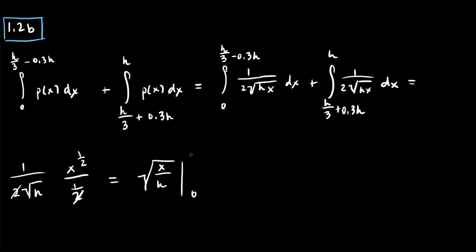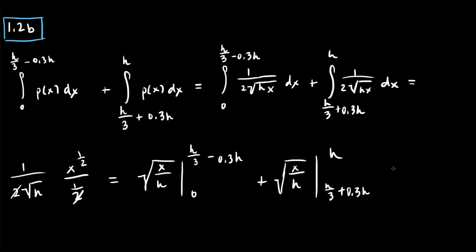And this one will be from 0 to h over 3 minus 0.3 h. And the next one will be the square root of x over h from h over 3 plus 0.3 h to h.